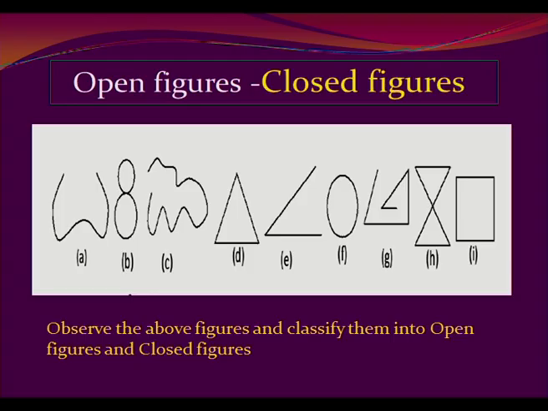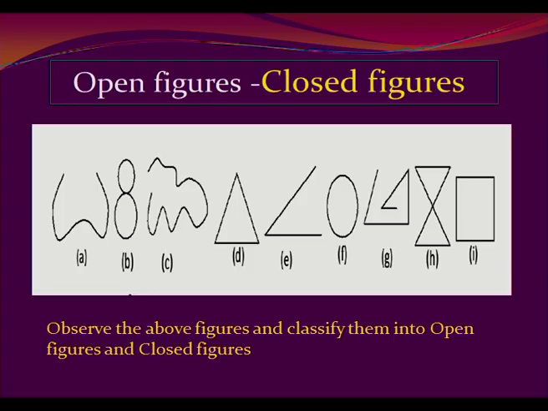Now observe the above figures and classify them into open figures and closed figures. Here you see, A, C, E and G are open figures. D, F and I are closed figures. What about B and H?